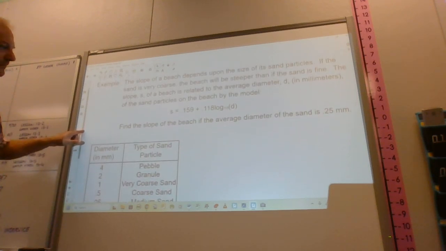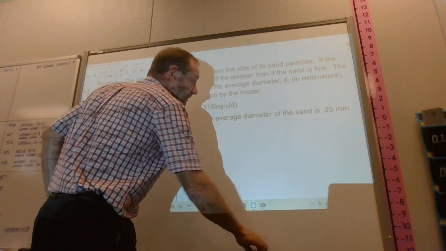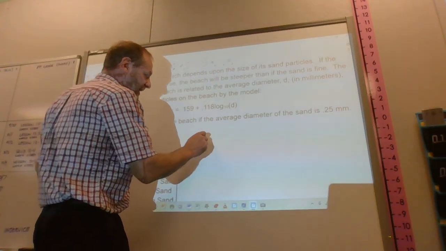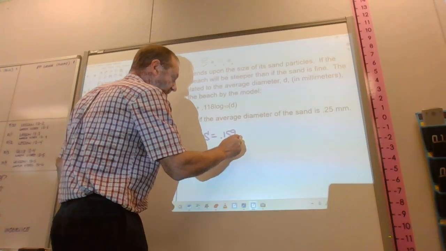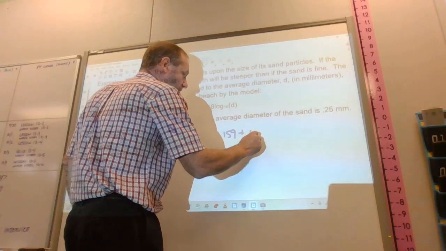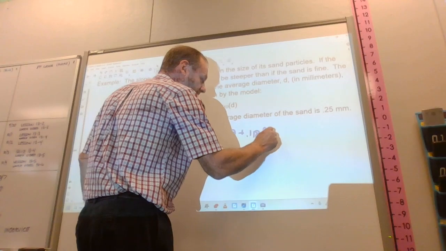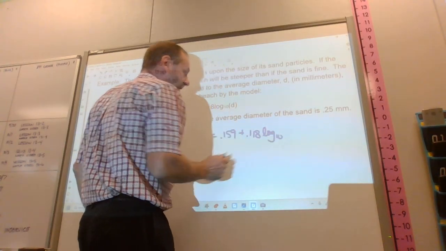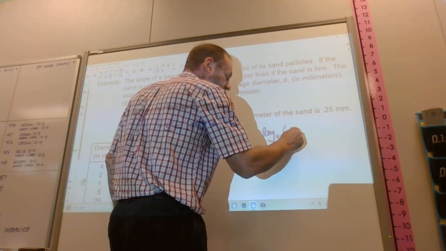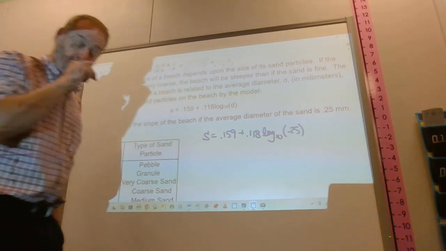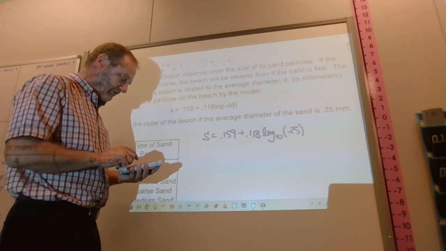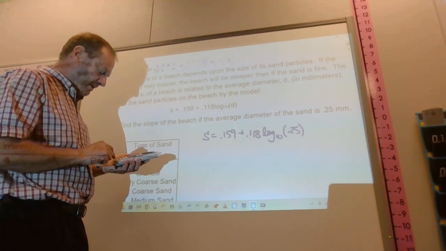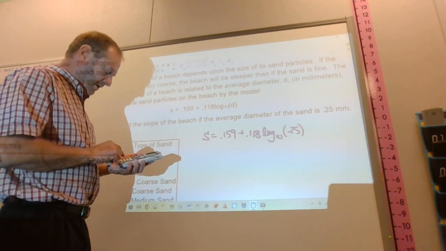So here the diameter is 0.25, so S is going to equal 0.159 plus 0.118 log base 10 of 0.25. Okay, this is pretty easy to do. Get out my handy dandy TI-84 Plus C Silver Edition graphing calculator or a reasonable facsimile thereof. I'm going to start with the log.